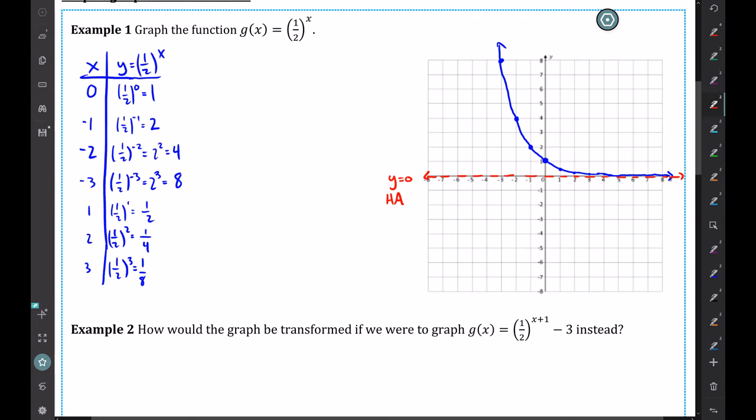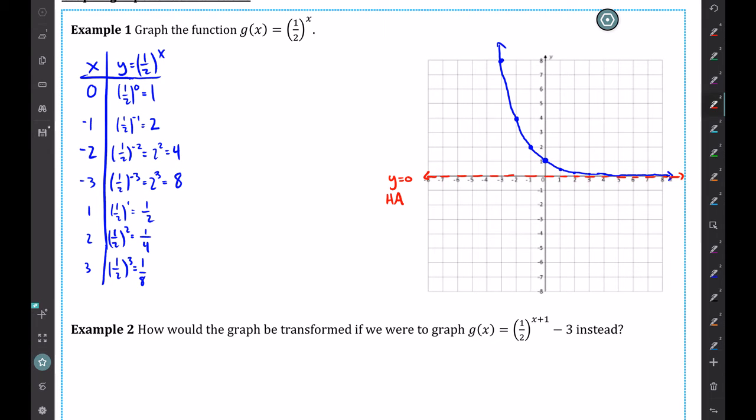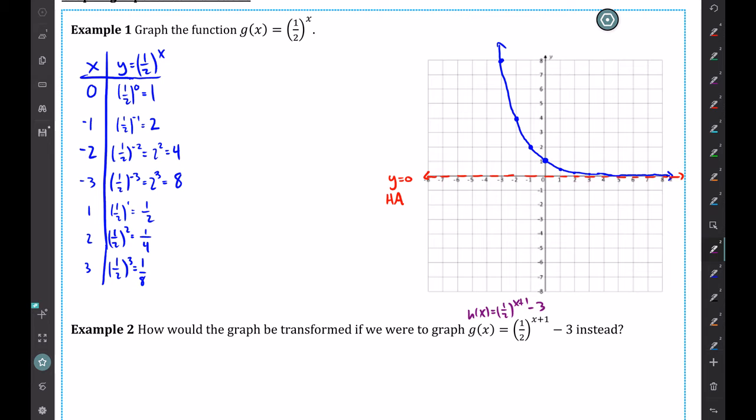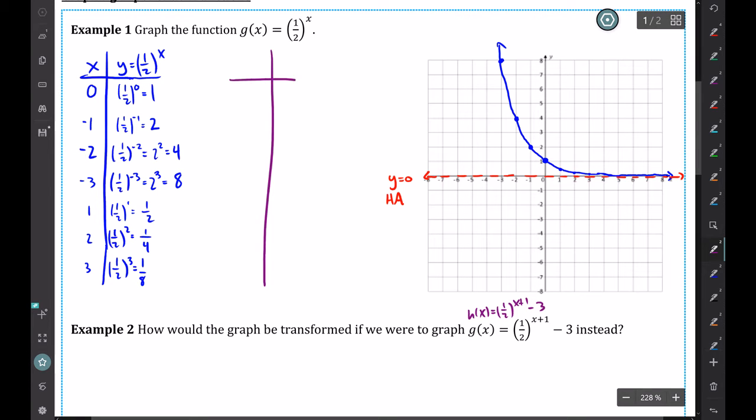So now if we want to change this up a little bit, I don't want to call that g of x. I want to call that, let me do this in purple, h of x. So I want to graph h of x equals 1/2 to the x plus 1 minus 3. Okay, and I'll do that by, well, we can either do it by plotting points or we can do it by shifting.